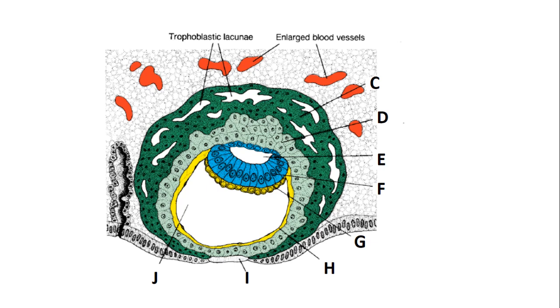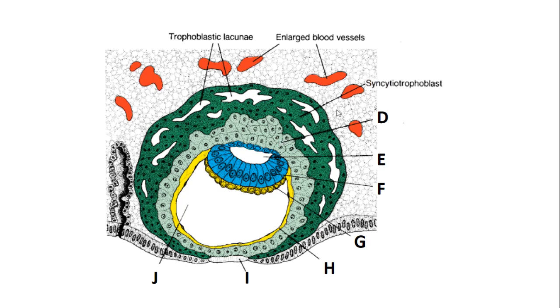Then when you talk of C, you need to understand that C is coming from the outer layer of the embryo, and the outer layer is known as the syncytioblast, and the inner layer is known as the cytotrophoblast.